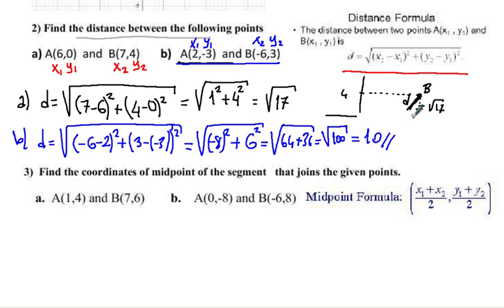So remember the previous one. Unfortunately, I erased that figure. So here we are going to find the midpoint of the line between two points A and B. Okay, so here is the midpoint formula: x1 plus x2 over 2, y1 plus y2 over 2.